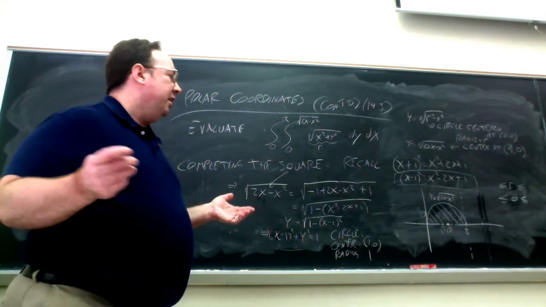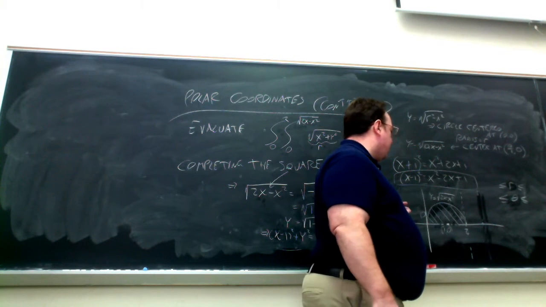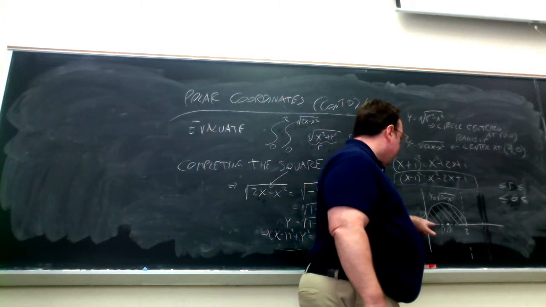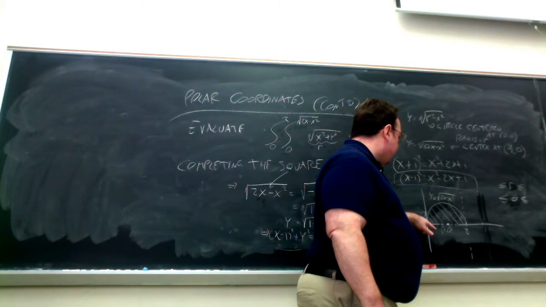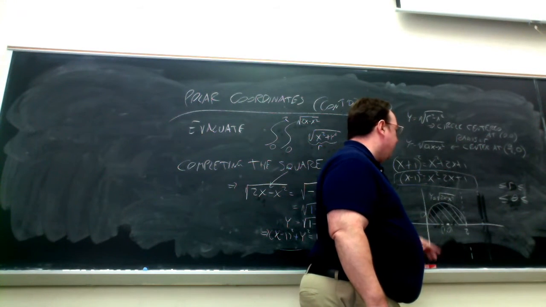At quadrant 1. Not only that, it's going to take up the whole of quadrant 1, because over here we have to go all the way up to here in terms of r, 2. And even as we move towards this boundary of the quadrant, we still have some pieces of this domain. So we need the whole quadrant.